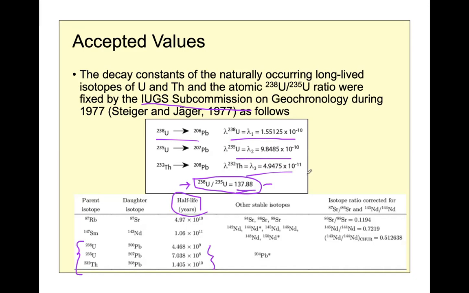And the largest decay constant is given by which one? Just compare these three. This is 10 to the minus 11, so that should be smaller, isn't it? This is 10 to the minus 10, and this is bigger, and this is smaller, right? So this is the smallest one. So 207 is the largest, isn't it? Okay. Right, so these are some accepted values.